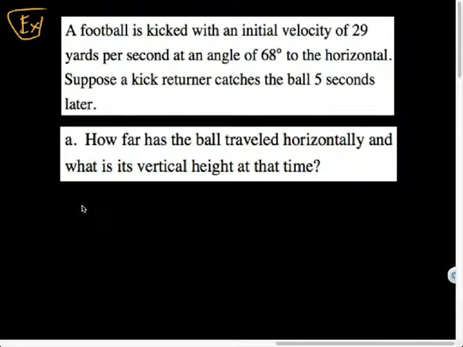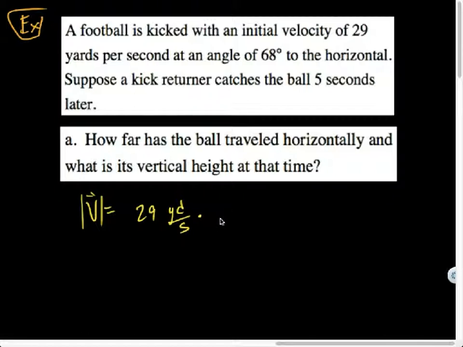First of all, I'm going to have to figure out the magnitude of the initial velocity. They gave it to us in yards per second, but I'm going to want this in feet per second. So I'm going to have to multiply 29 yards per second by something to get feet per second. How many feet are there to a yard?